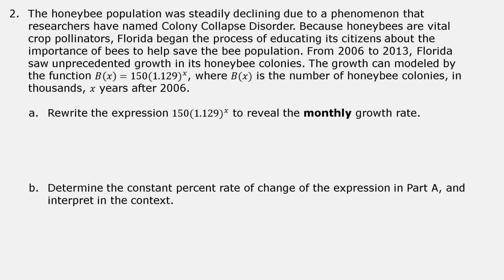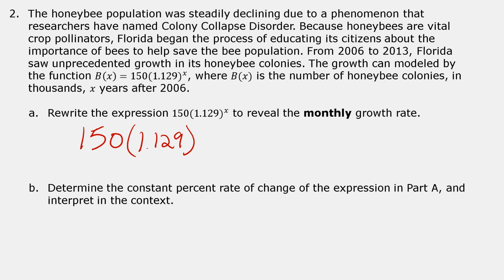So x is the amount of years since 2006, and they want us to rewrite it so it reveals our monthly growth rate. So we want to change this to a monthly growth rate instead of a yearly growth rate. So we're going to take this 150, 1.129, so we want to take that year, but we want to just look at the monthly growth rate.